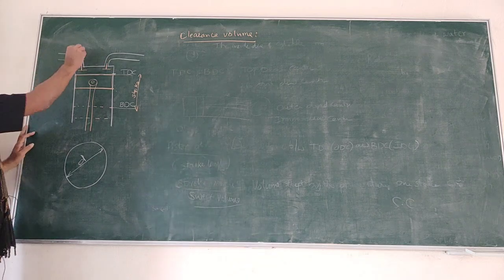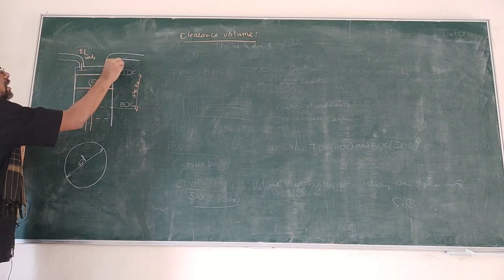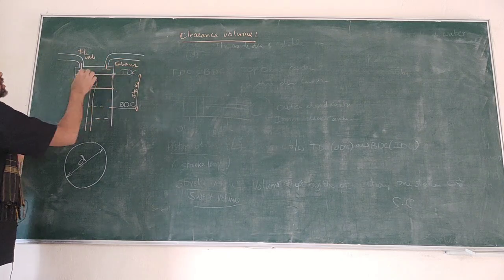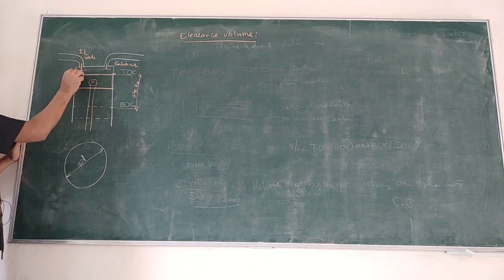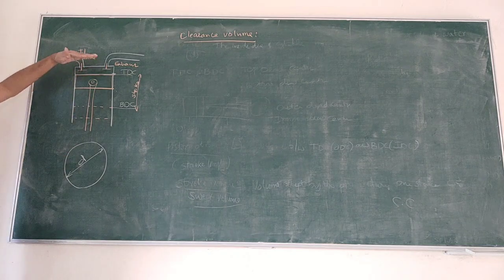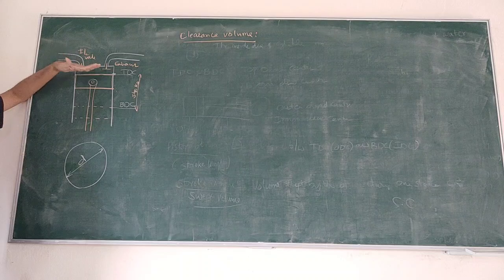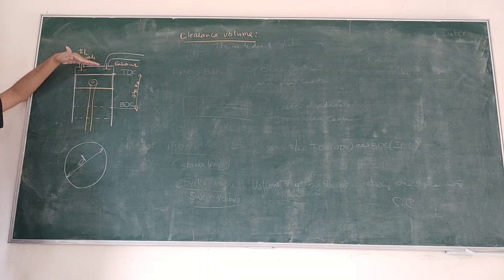See, this is the inlet valve and this is the exhaust valve. So when the valve is opened, it will be opened like this. So it needs some space. If the piston moves up to the topmost point, there will be no space for the operation of the valve. So that's why some space is intentionally left below the head. See, this is the cylinder head.